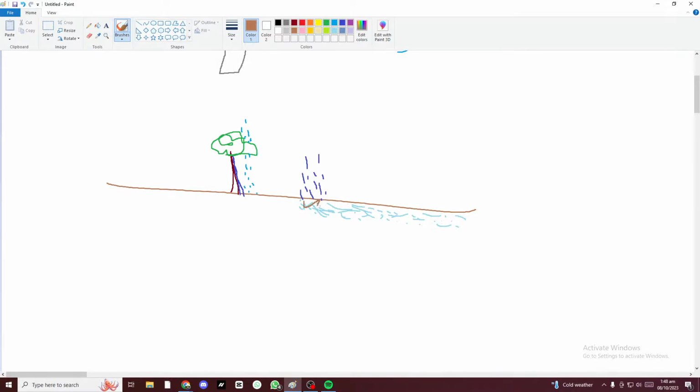So when this happens, there is a buildup of surface water, and once this buildup becomes great enough, overland flow will take place. Overland flow is basically just this water flowing over the ground.